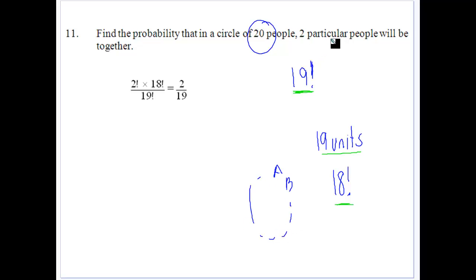But again, because 2 particular people will be together, they have to be arranged 2 factorial ways. So that's our favourable amount, 2 factorial times 18 factorial, over the total number of ways you could sit 20 people around a table, which would be 19 factorial.